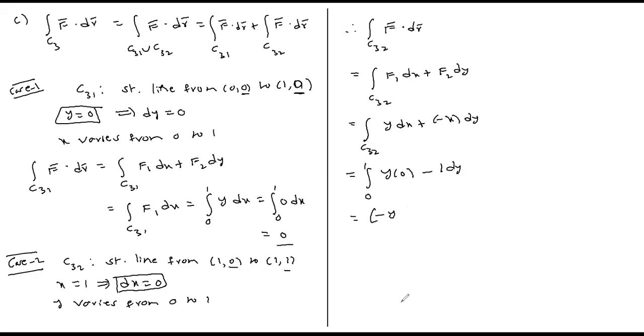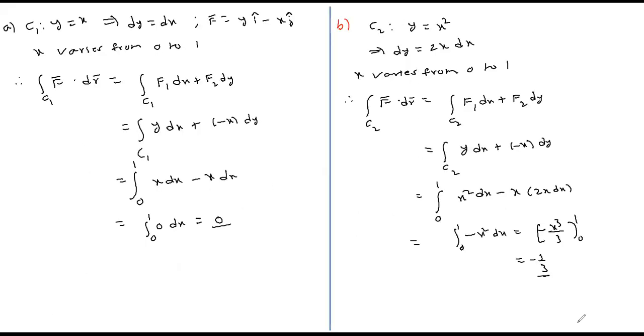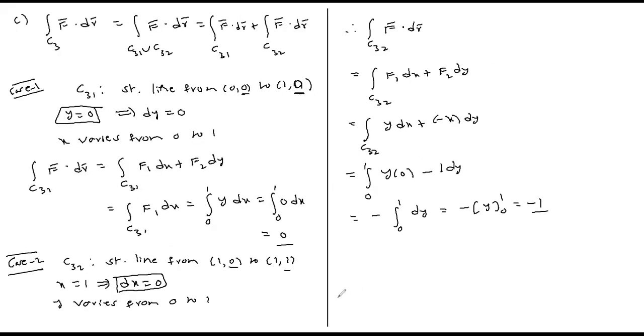Okay. I'll write one more step. So this is minus the integral from 0 to 1 of dy, so this is minus y from 0 to 1. So the answer is minus 1. What is the value you got? Minus 1. Okay, therefore what is your final answer?